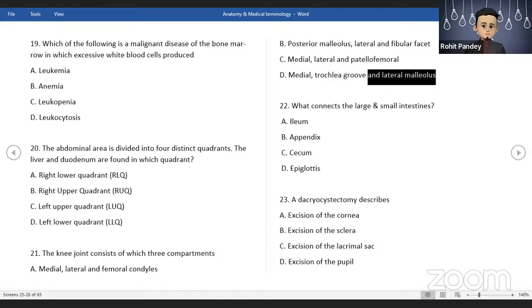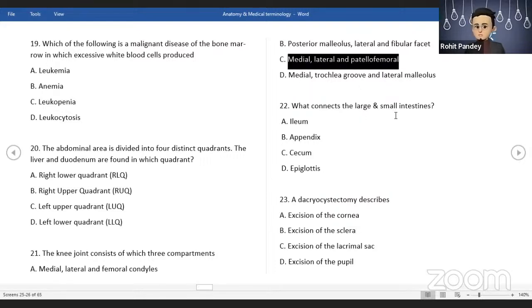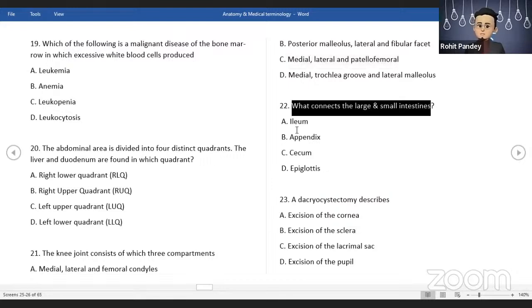So the answer is C, medial, lateral and patellofemoral. Okay, so the knee joint consists of the 3 compartments: medial, lateral, and patellofemoral.